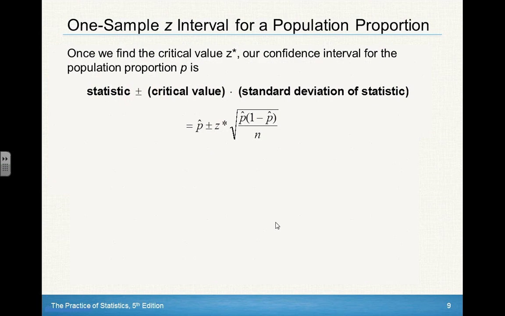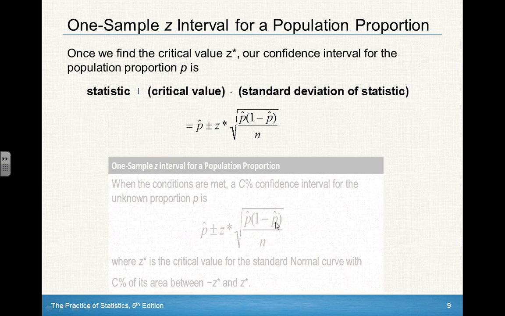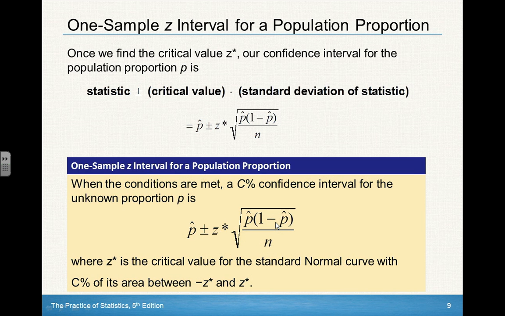Now, once we have the z star critical value, we know all the components. It's just a matter of plugging them in and making sure that it works. So here's sort of a technical, book-like way of writing this down.